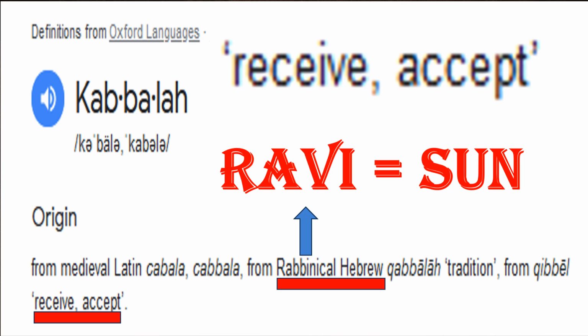And so you can switch out that B for that V, and what you have is Ravi, and that equals the sun. Now, we've seen this before when we've looked at the work talking about these names related to Shem throughout the world. And so you see this constant relationship between Shem and the sun. And so this is no exception.